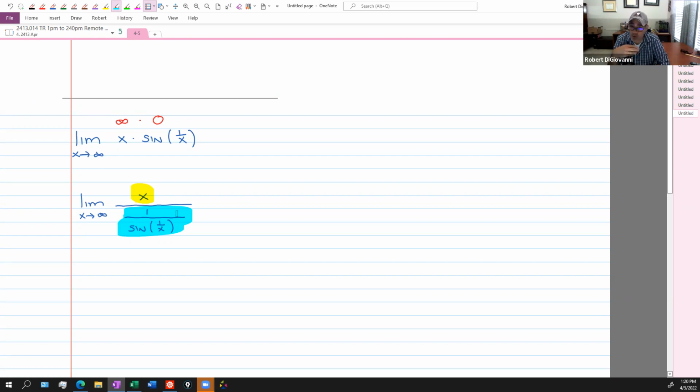You could rewrite that whole thing as sine of 1 over x all raised to the -1 and then use your chain rule. But either way, I'm going to need chain rule or quotient rule to take that derivative, and I don't feel like doing that.